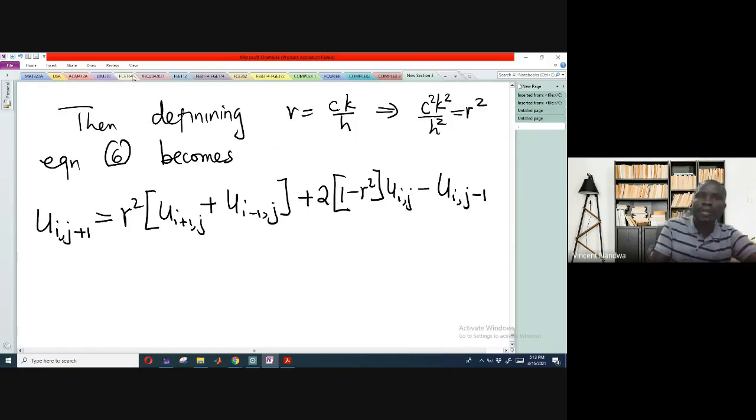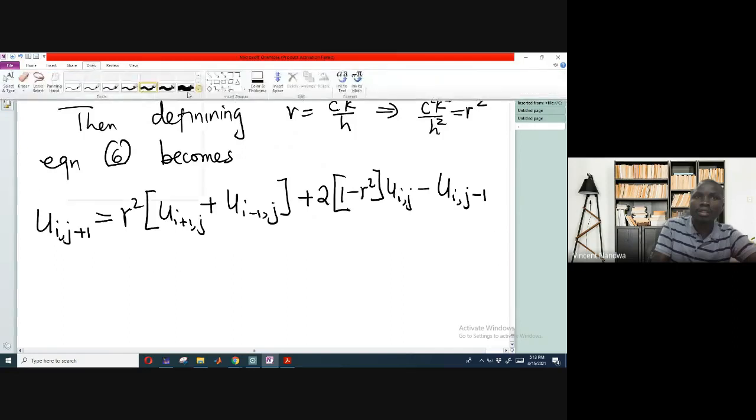So replace r in equation 6 and simplify. You'll get this equation that we are writing here.